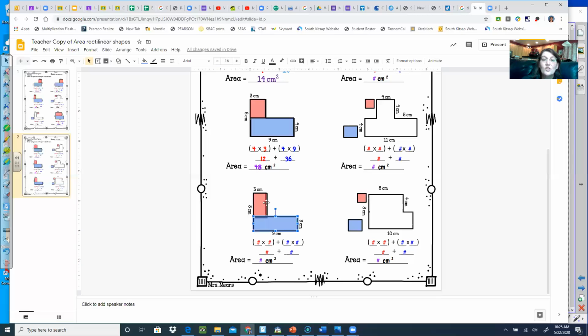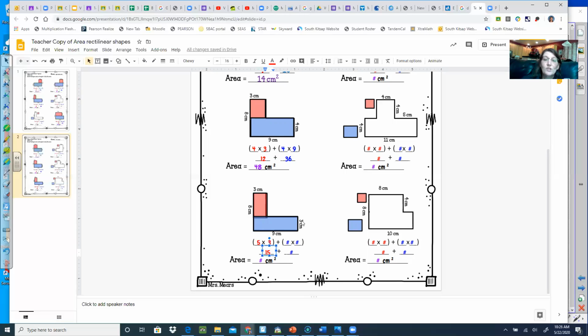So to figure out this chunk, I need to do 8 take away 3. And 8 take away 3 is 5. I do have this dimension. That side is 3. 5 times 3, count by 5s 3 times. 5, 10, 15.